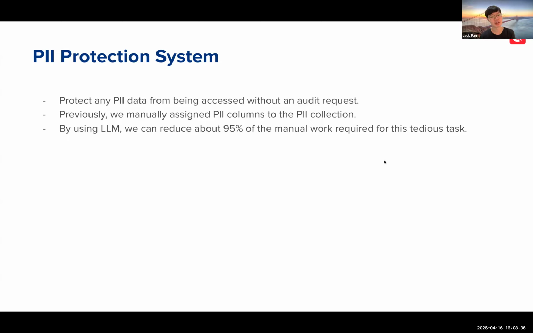For example, a credit card or ID number might be the most sensitive information, and they will require more audit requests or a different process to follow. So we need to classify the PII columns into the right collections so that they can follow their corresponding legal requirements. Previously we needed to do it manually, and it was very tedious.